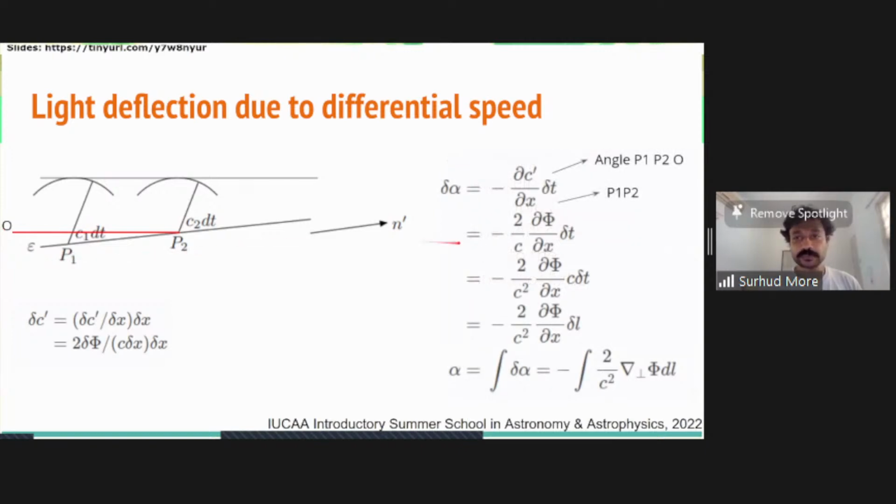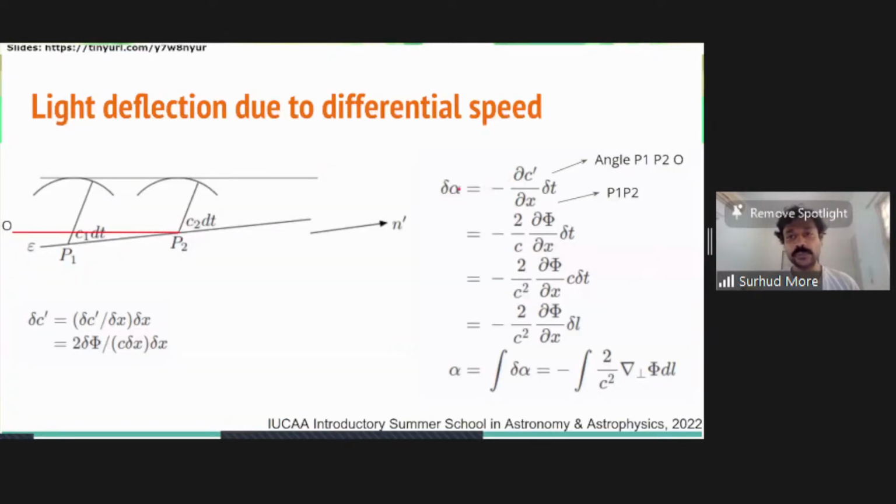And so, if you want to figure out how much this thing is changing, then what you have to do is to consider delta C prime times delta T, which is this particular line here, right? And then divide it by the distance between P1 and P2.